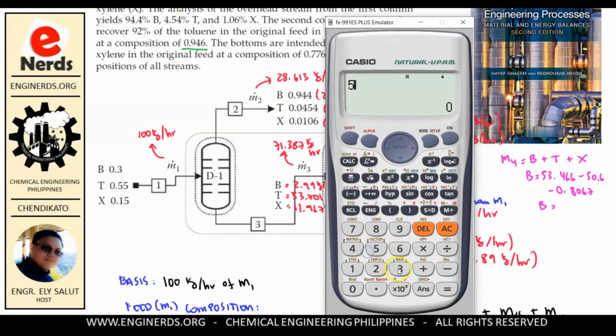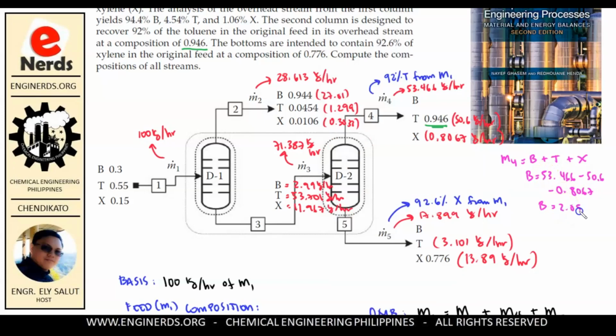We have 53.466 minus 50.6, then minus 0.8067. So we have 2.0593 kilogram per R. So therefore, our benzene here is equal to 2.0593 kilogram per R.